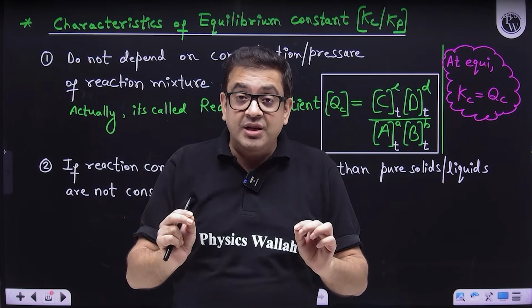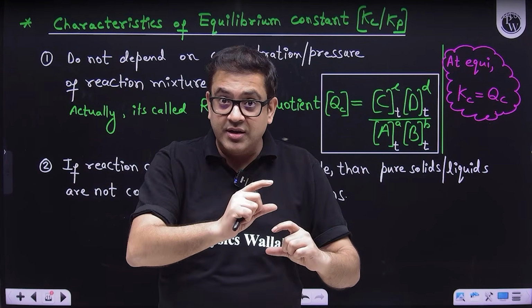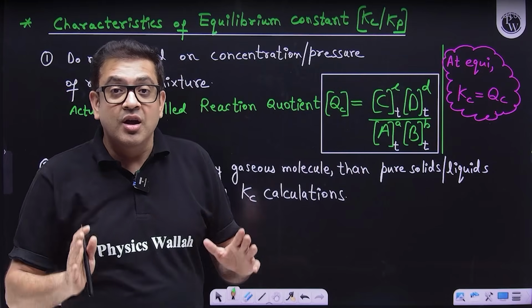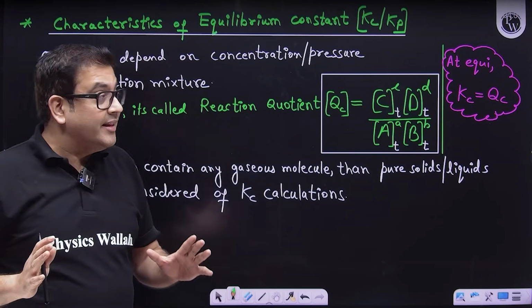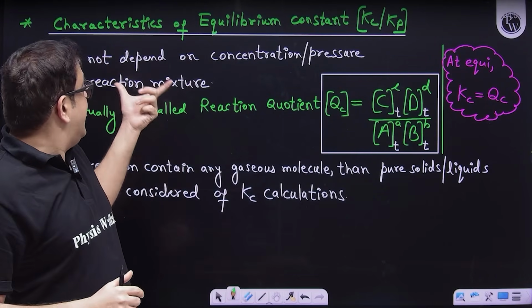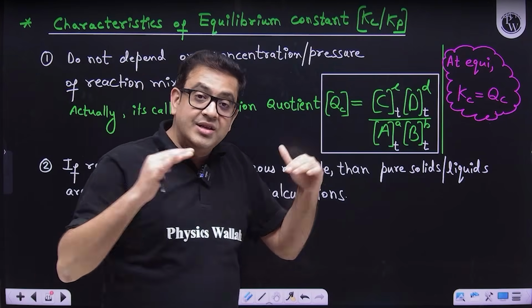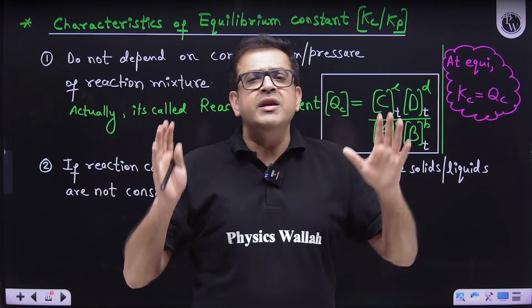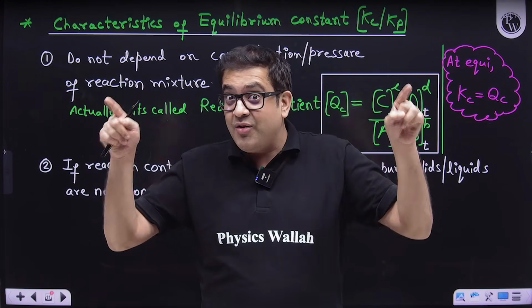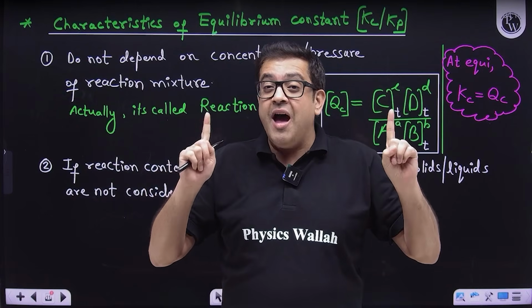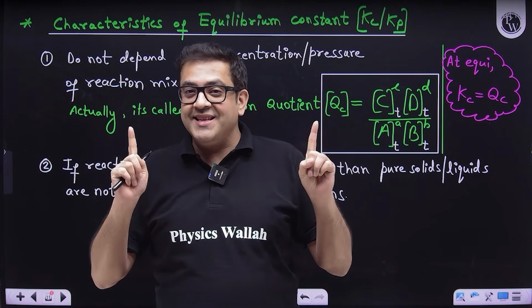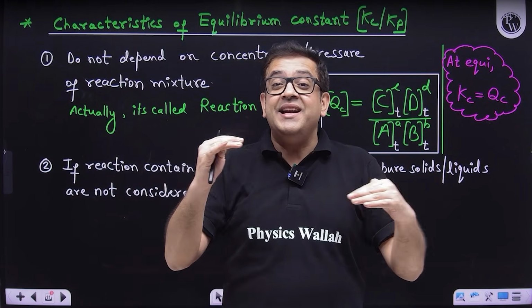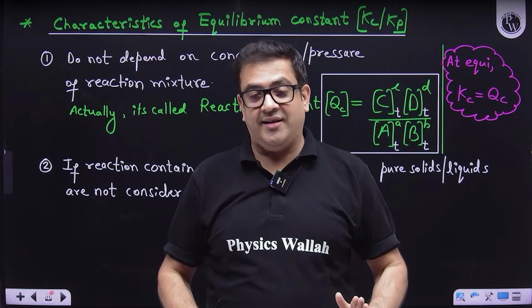They are actually a ratio of two constants, and it is just God's grace that whenever any reaction mixture reaches equilibrium, whatever their equilibrium concentration is, it is a constant. Remember how we have defined equilibrium? Equilibrium is a state at which concentration becomes constant.